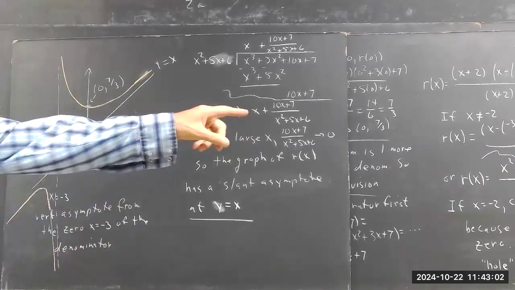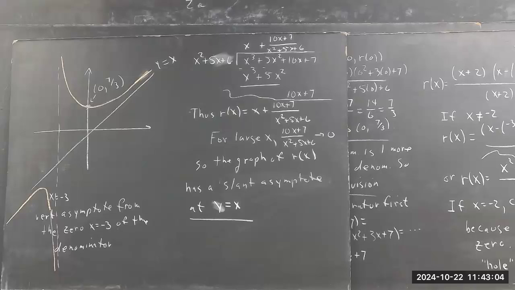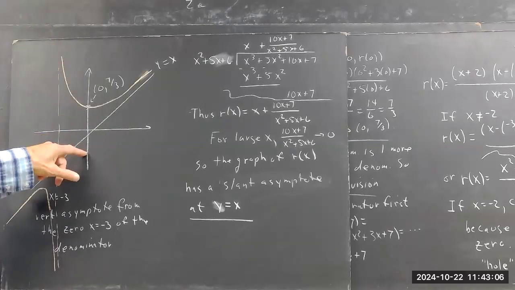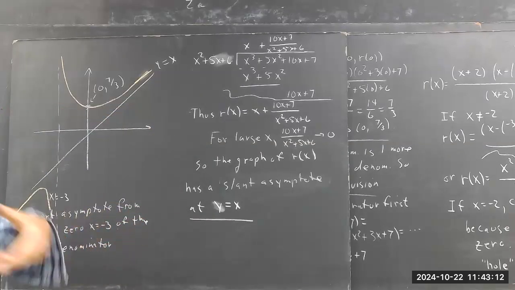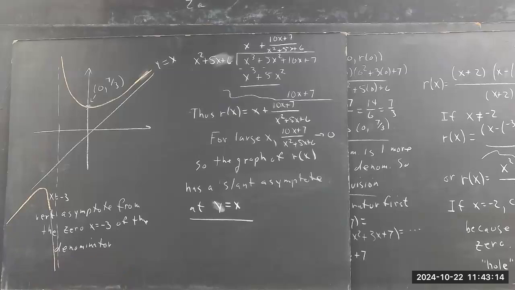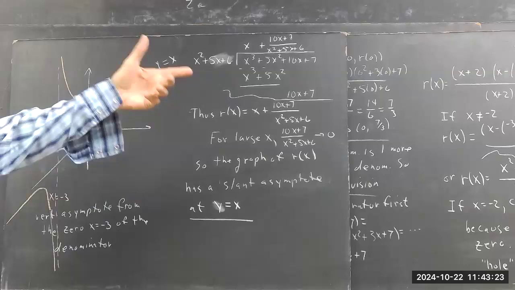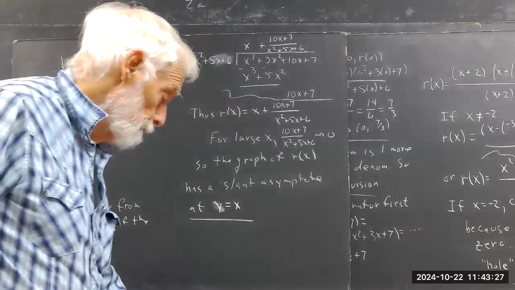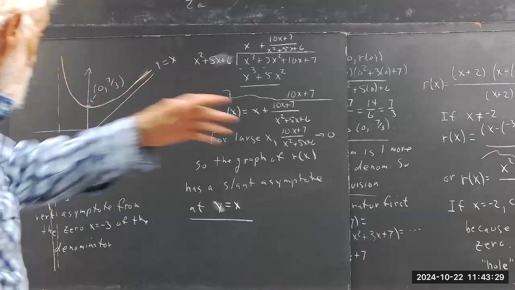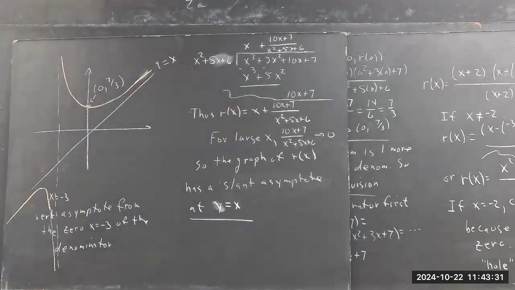It's a good thing I didn't try to follow that, because then I'd have had to come down from here and go through the zero down here without going through the x-axis, because this thing doesn't have any x-intercepts. It would have had an x-intercept at x equals -2, but we had to divide that out because of the x plus 2 factor in the denominator. Okay, so that's about as complicated as these things get.